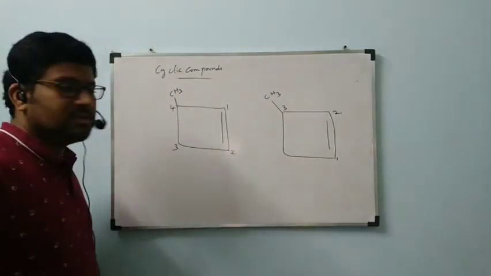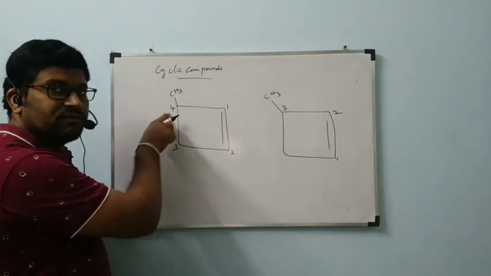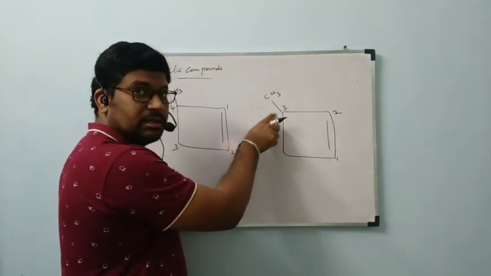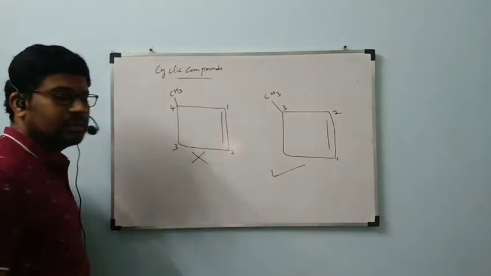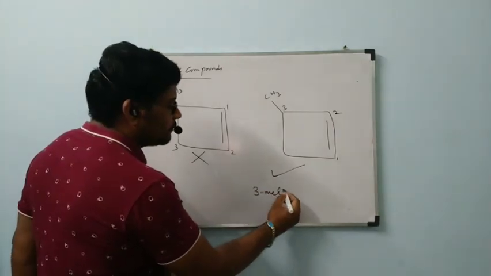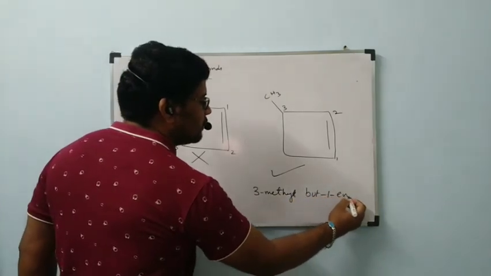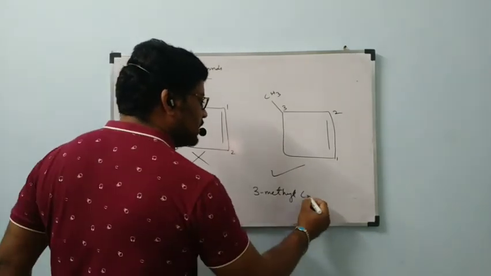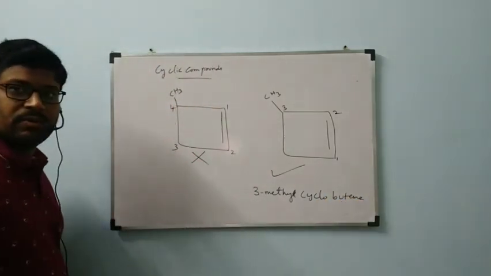Now out of these two, which one is correct? The double bond is at 1, 2, and the methyl group is present on the 4th carbon. Here also the double bond is 1, 2, but the methyl group is present on the 3rd carbon. This is correct, this is wrong. According to this, the name is 3-methylcyclobutene.